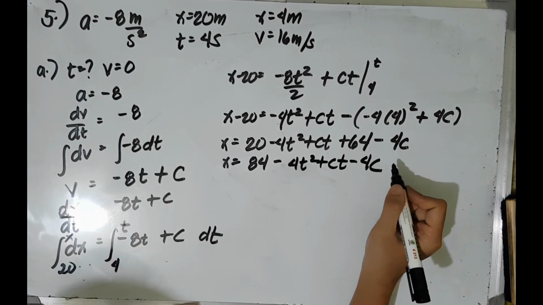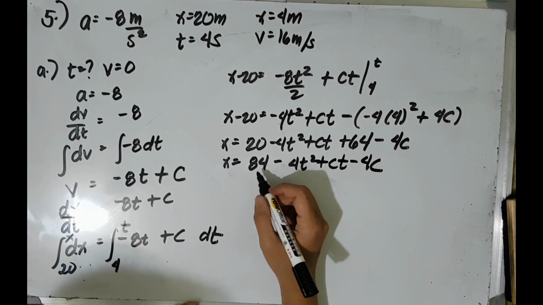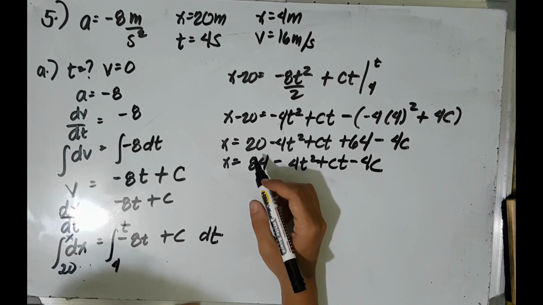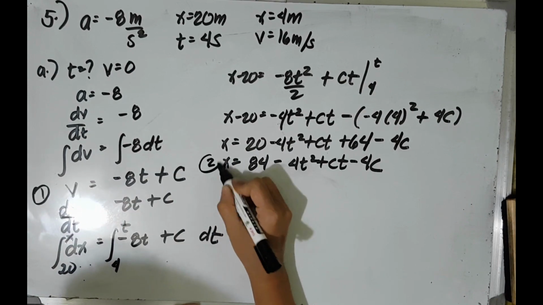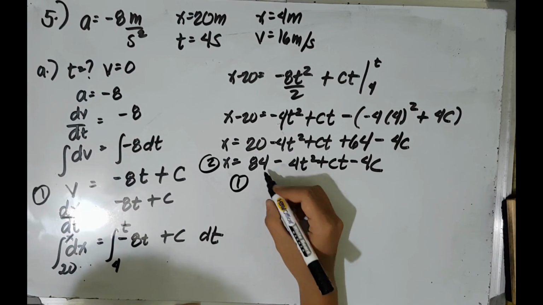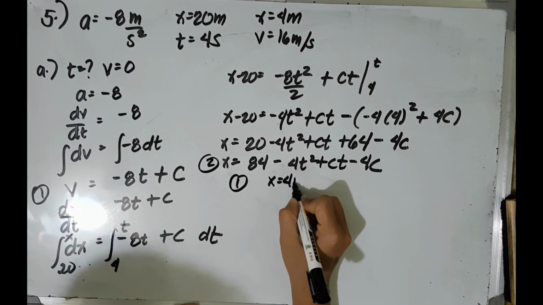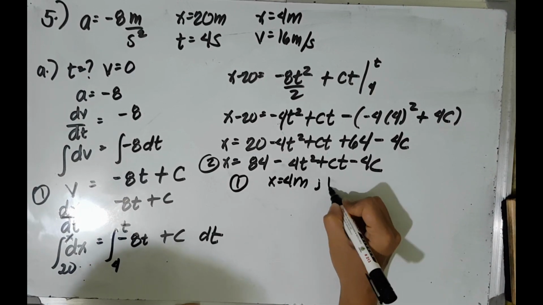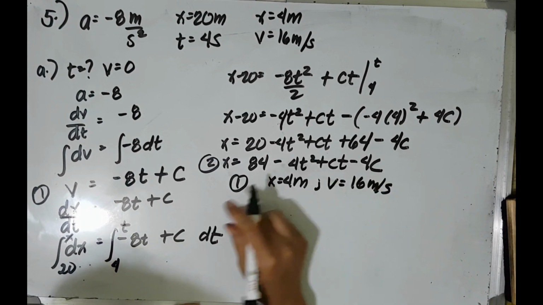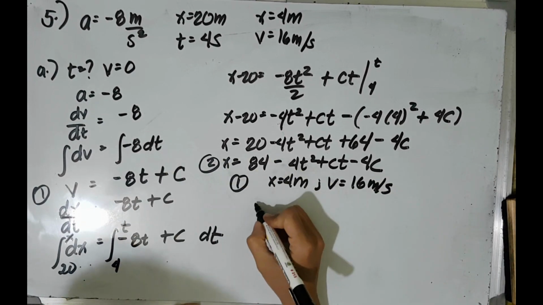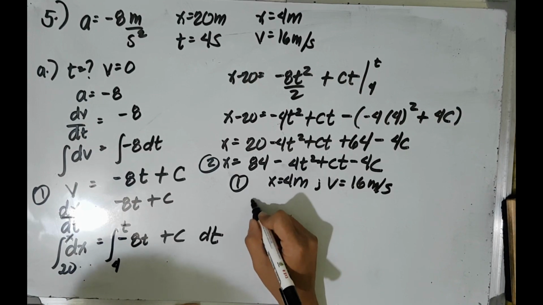So using equation 1, when x is equal to 4 meters, velocity is 16 meters per second. So, substitute lang natin.